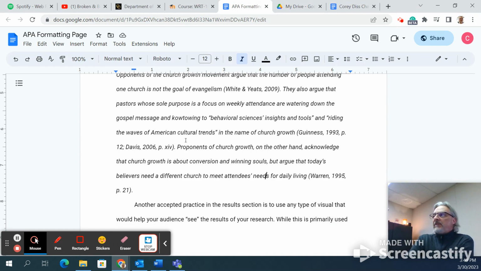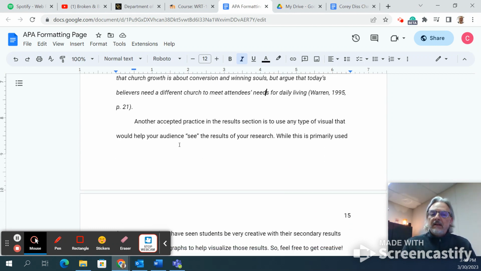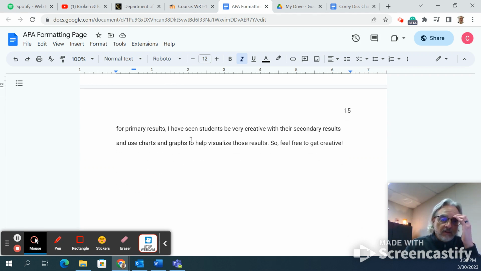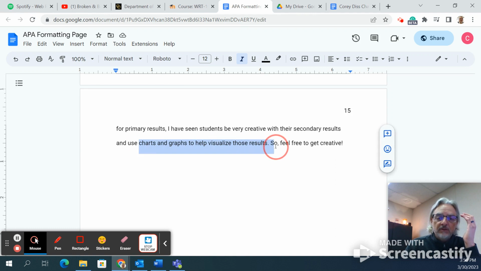And another thing, of course, you can do, if you want to get creative, please feel free to. I've had students do a lot of this quite frequently, and it does seem to help when you can visualize those results, maybe through a graph of some kind, or using a graphic, maybe a chart, or something similar to that, pie charts, step charts, label charts, et cetera, whatever you think will help, charts and graphs to help visualize the results.